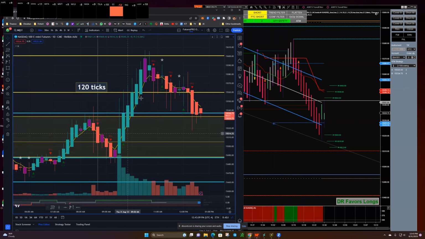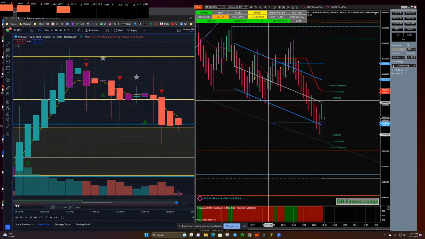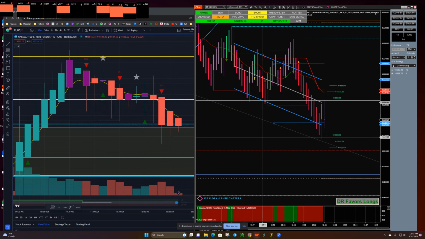I should take one of the accounts and just do this. There was a 120 tick win over here, and we would have been short at 560. Yeah, and it's looking like it wants to go back down.